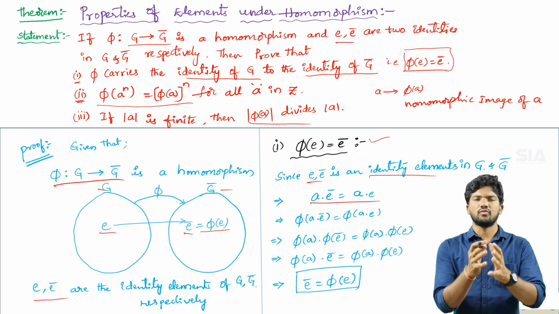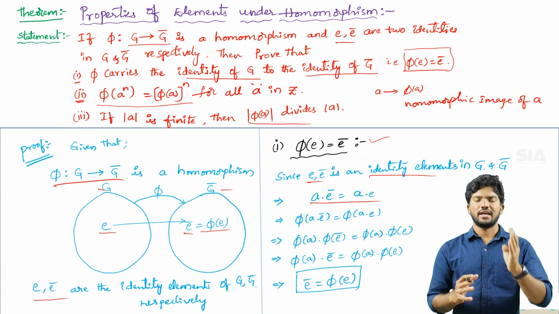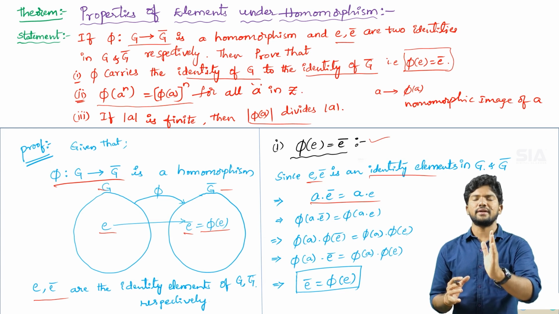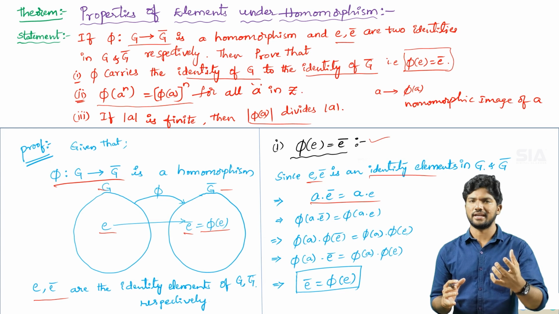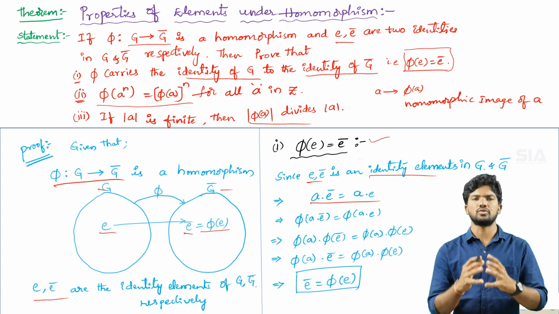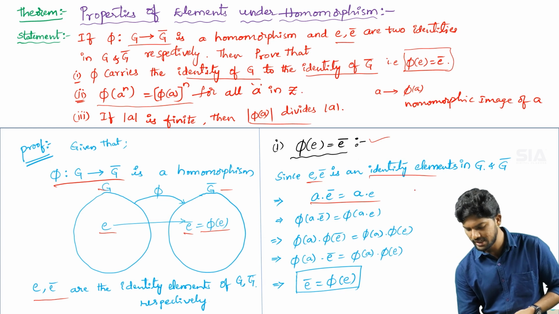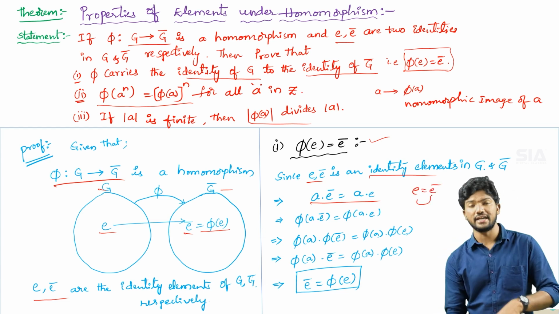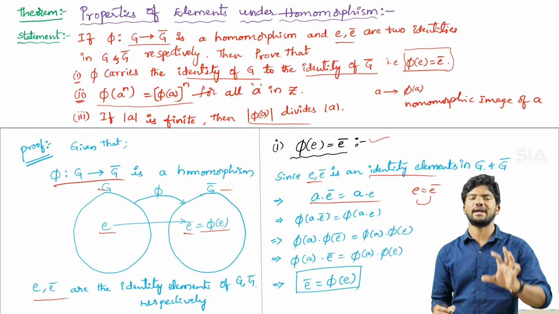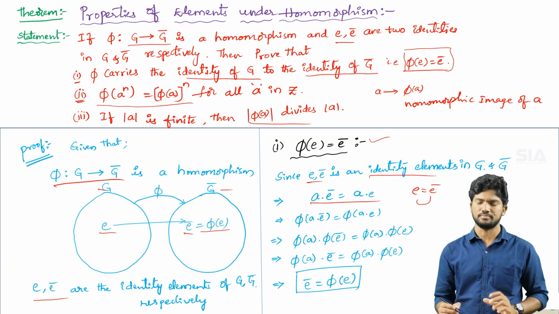In group theory, we proved one theorem that in a group the identity element is unique. If you take two or more identity elements, at the end of the theorem we proved that those identity elements are equal, that is, e is equal to e bar. So the identity element is unique; only one identity element exists in any group.